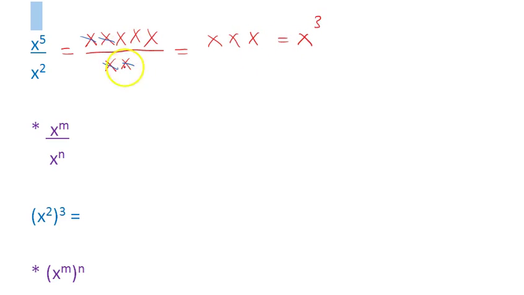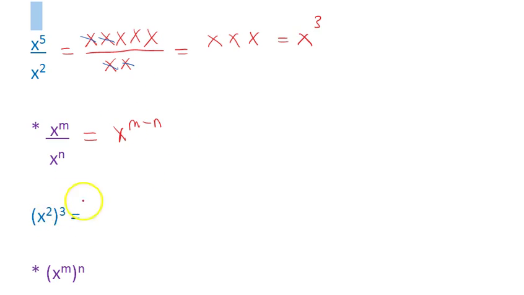And so what happens is you look at the rule. How did you get 3 left? You subtracted 5 minus 2, that'll give you 3. But where it comes from is actually canceling out. So our shortcut rule down here in purple is x to the m minus n, and we will talk about the negative exponents a little later on.